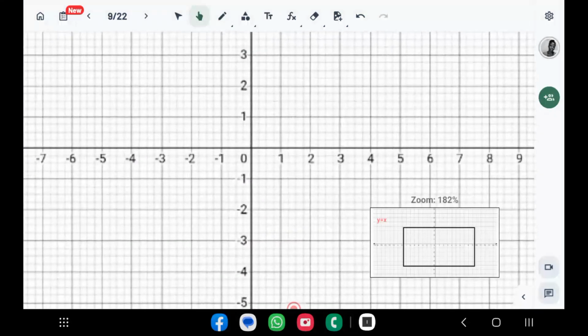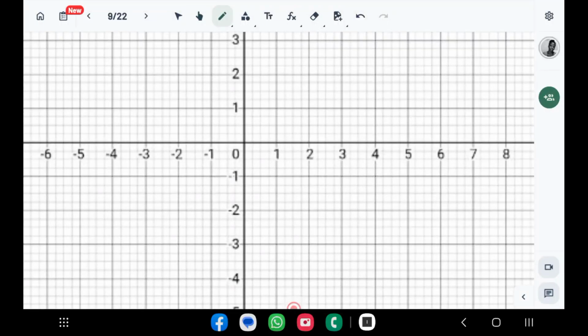But before we do that, remember when x equals 0, y equals 0 as well. So that's the point 0, 0. When x equals 1, y equals 1. So that's the point there. That's where they meet. When x equals 2, y equals 2. So that's the point over there.